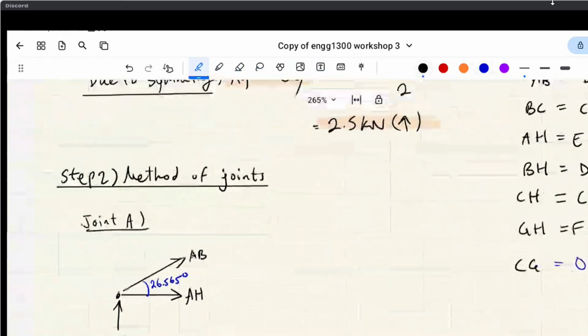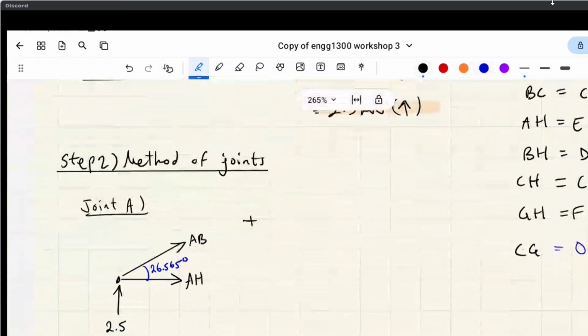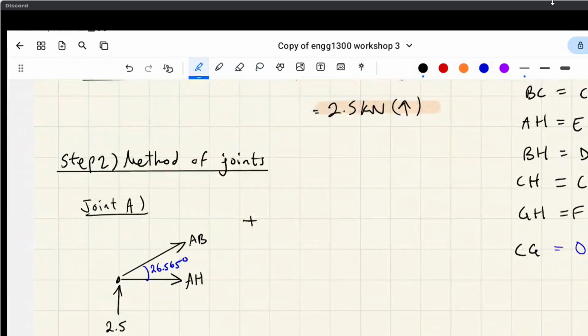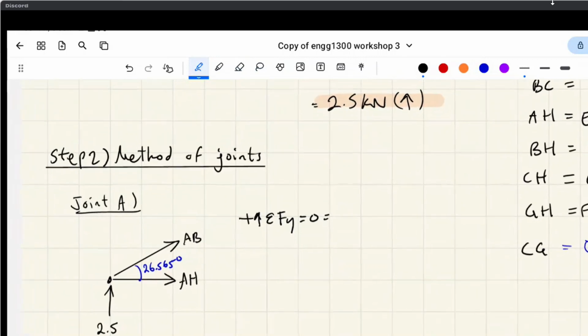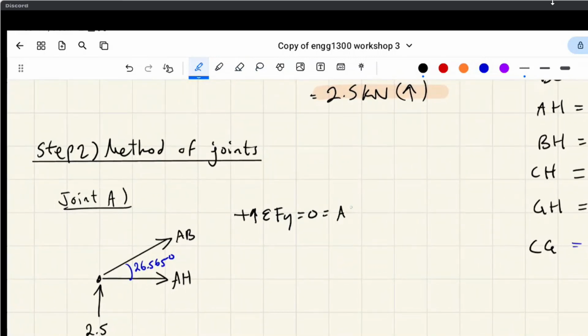Okay, so now we can take the sum of the forces vertically or horizontally. One of these is going to result in too many unknowns, so there's actually a correct order to do this. So I'm going to take the sum of the forces upwards.